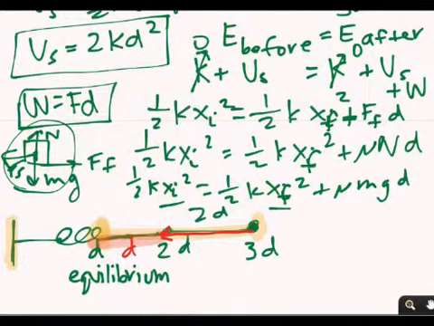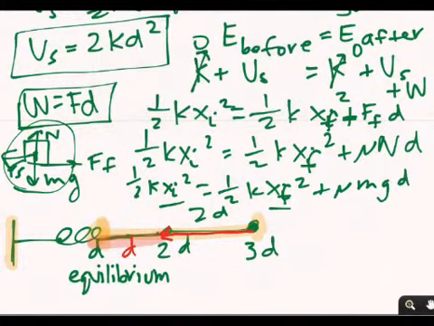Now I know that can be confusing because there's D, D, D, D, D, 3D, 2D, whatever. So if you guys don't understand, just pause real quick and make sure everybody understands why our initial compression, or stretching in this case, is 2D and our final is 1D. It's because it's the distance from equilibrium.